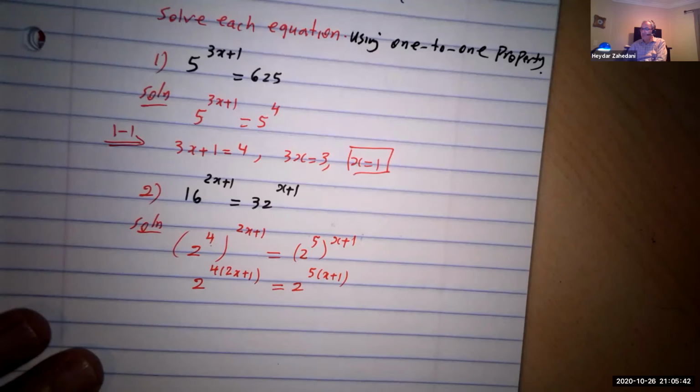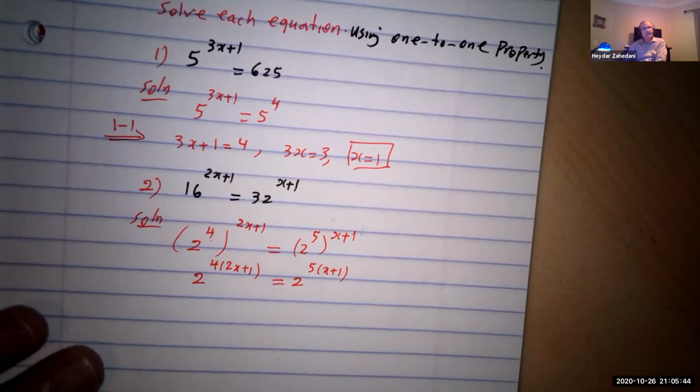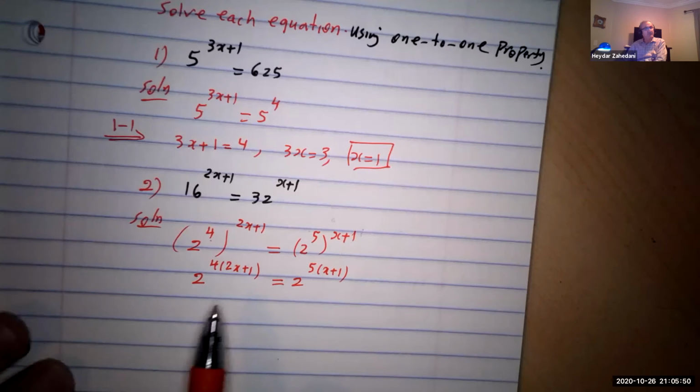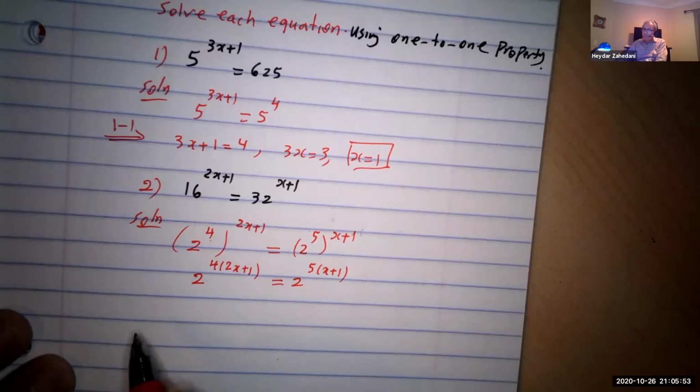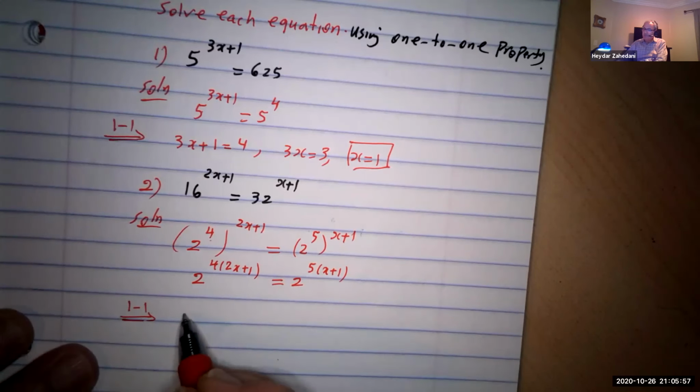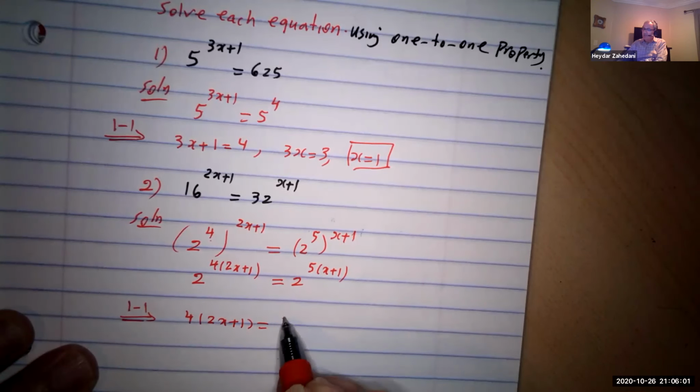Now we have the same base here, so we can use the one-to-one property. So the exponents: 4 times 2x plus 1 equals 5 times x plus 1.